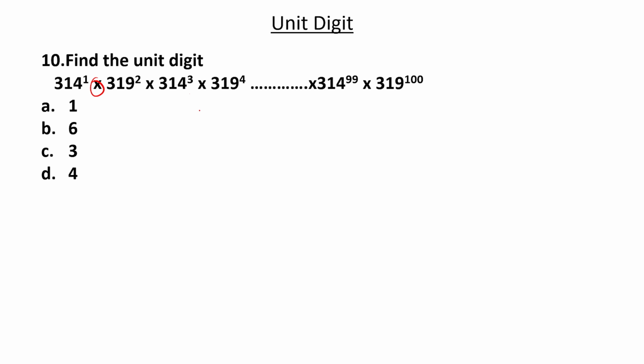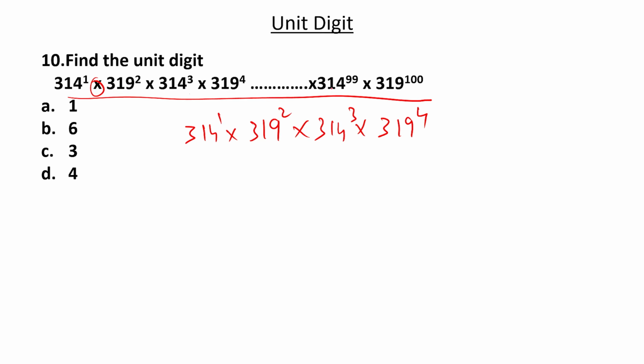So let's do it. 314 power 1 into 319 power 2 into 314 power 3 into 319 power 4. Here also there are 100 values. 4 power odd will be 4, and 9 power even will be 1. Let this be one pair, so we get 4 into 1, which is 4.